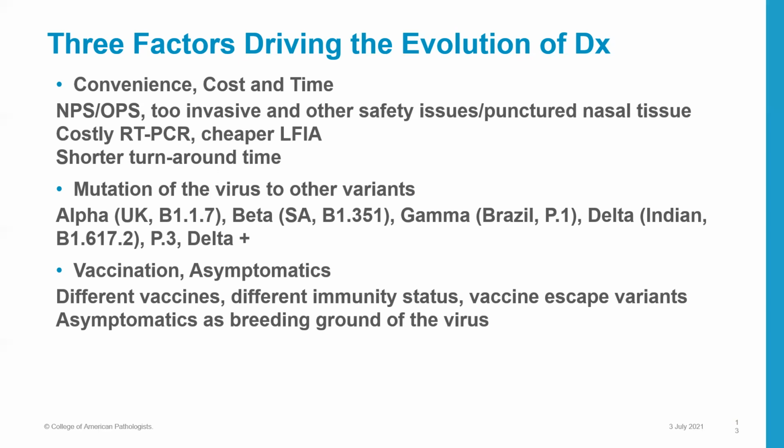And the other thing are the asymptomatics, which can possibly be some kind of breeding ground of the virus, because they don't know that the virus is in them, and yet it remains there.